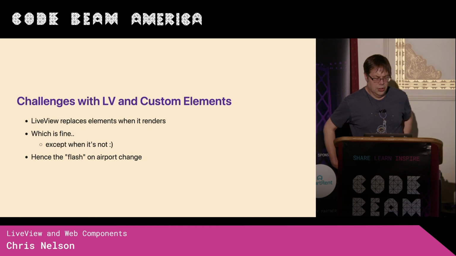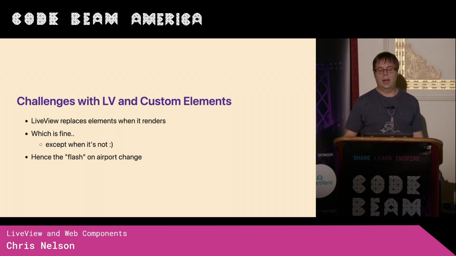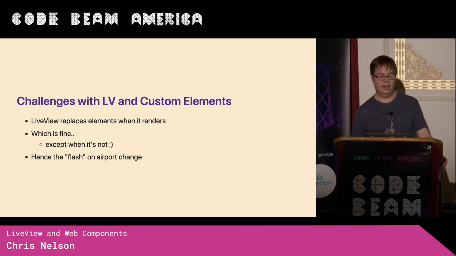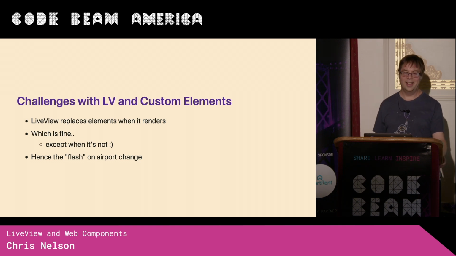All right, so what are some things that you might hit that are challenges with working with LiveView and custom elements? So one big thing to be aware of is LiveView will replace elements often when it renders. And normally that's fine, except when it's not.